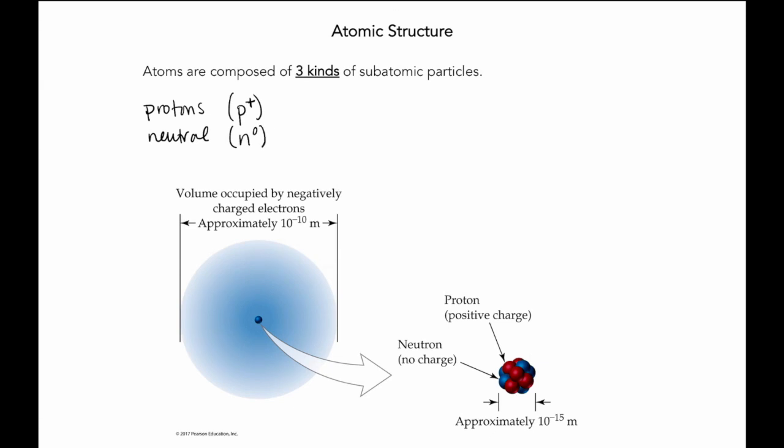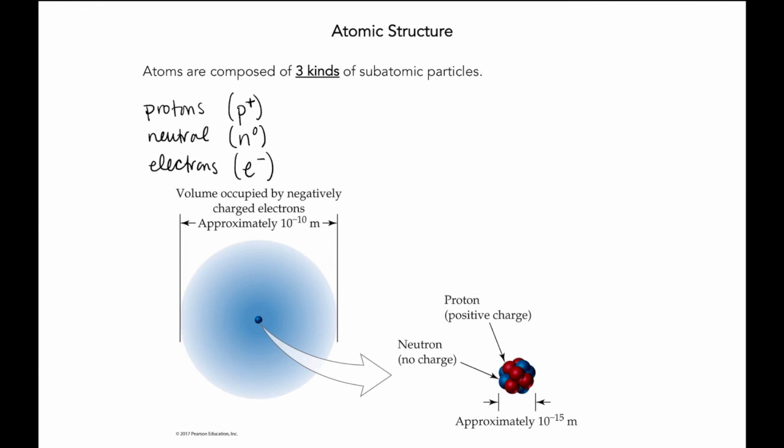There's no charge, so there's a little zero, N with a zero superscript. And then electrons are negatively charged. This will be an E with a little negative sign as a superscript, and that's the one you will see me write out more often. We're going to look at electrons a lot later on, too.